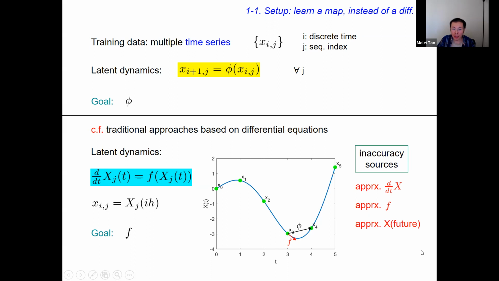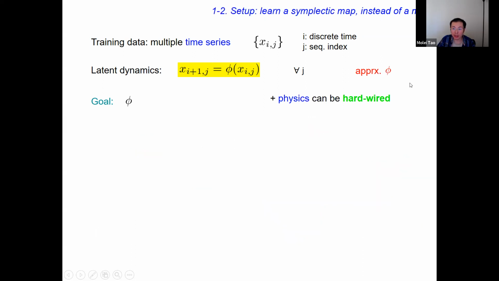And lastly, you have to integrate what you have learned. So this ODE is something you have to integrate if you want to make future predictions. And then you have numerical integration error. For the map-based approach, you only have function approximation error. In addition, you can hardwire physics into this approximation, into the model.